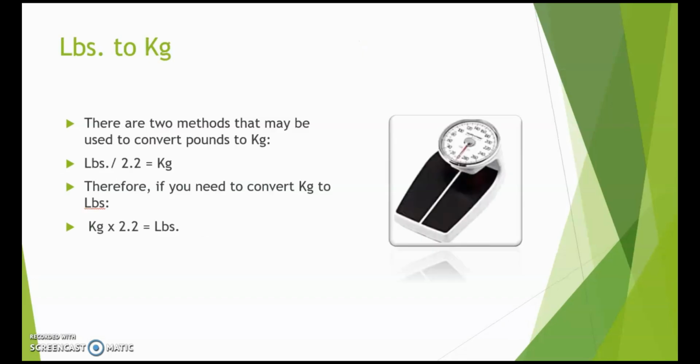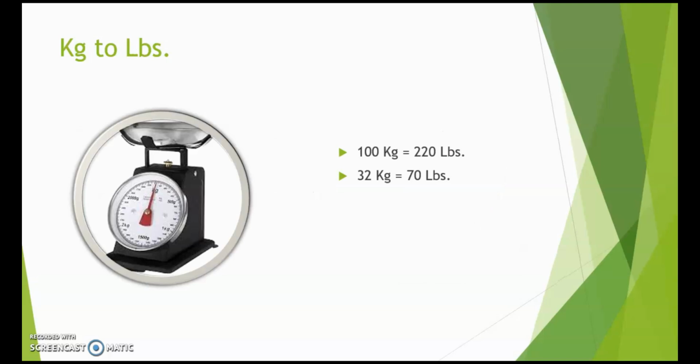The next conversion, pounds to kilograms. There are 2 methods that may be used to convert pounds to kilograms. The first one, pounds divided by 2.2, gives you the number expressed in kilograms. Therefore, if you need to convert kilograms to pounds, you take the weight in kilograms and multiply it by 2.2, and you will have the number expressed in pounds.